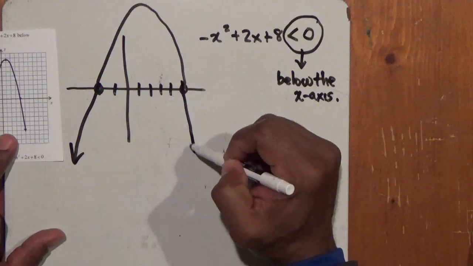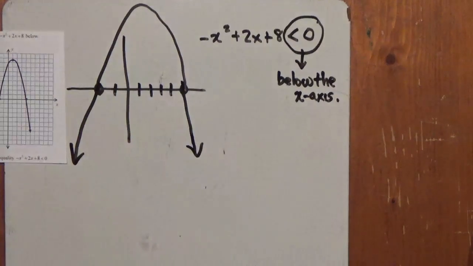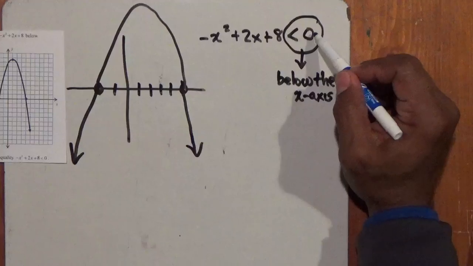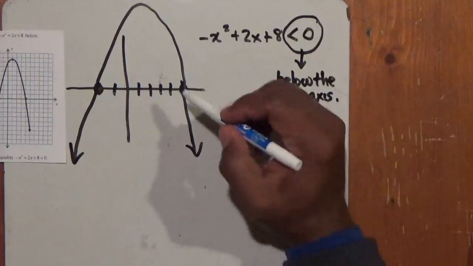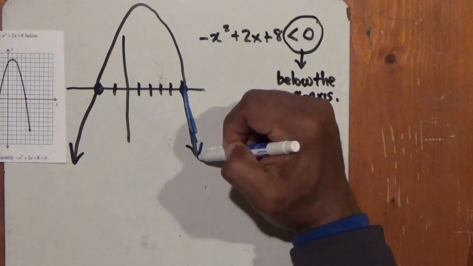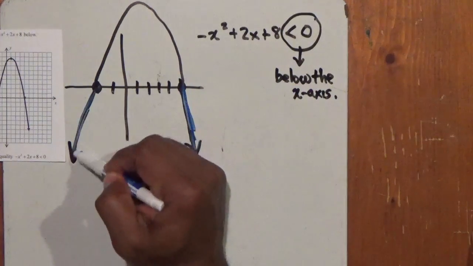If we look at the graph and try to figure out the piece that is below the x-axis, it will tell us our solution. In this case, the part that is less than 0, below the x-axis, is this piece here, and this piece here.